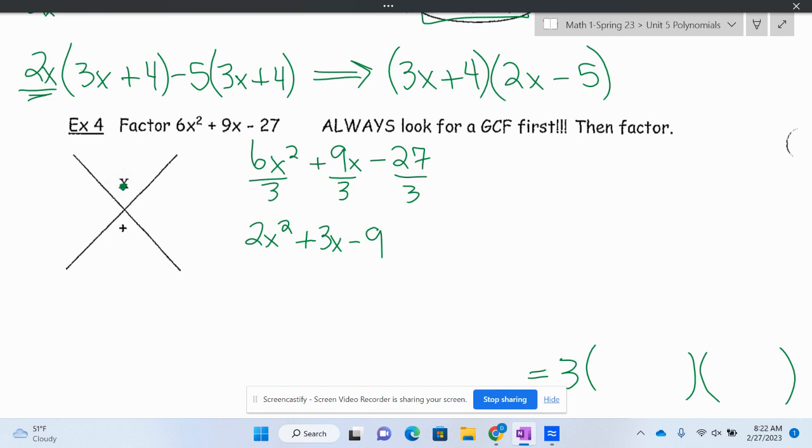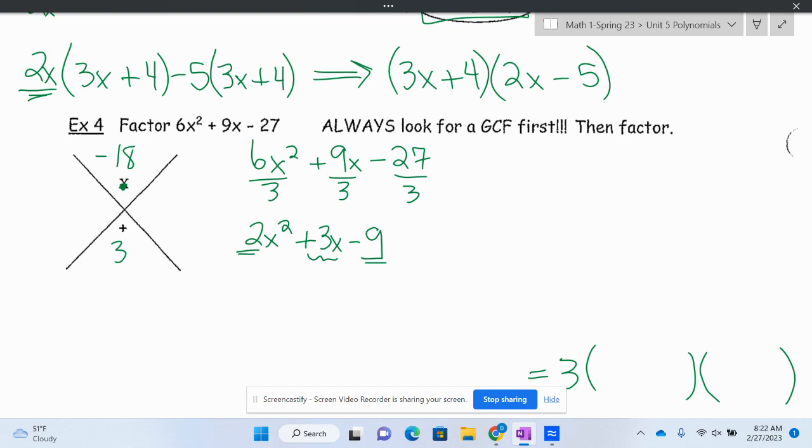What two things am I multiplying together? A times C is what? It's negative 18, right? That's a negative 9, so it's negative 18. And these have to add up to B, which is what? 3. It has to add up to 3.